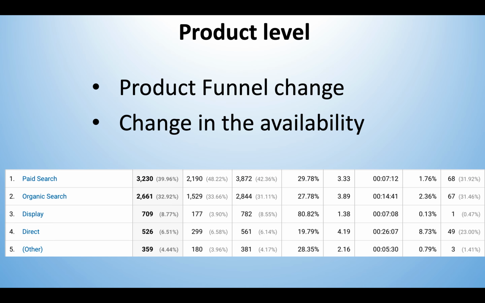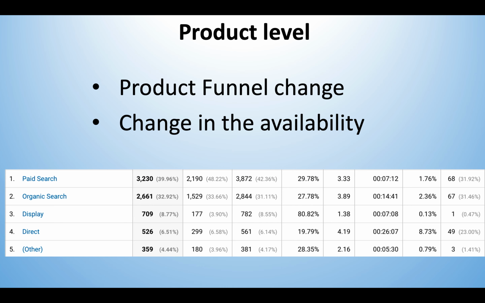I've taken the screenshot from Google. So this is how you can get your overall acquisition report. I'm assuming that most people are using GA, so I'm going to take GA data, which is widely used. Like I mentioned, the CR can change if there is a change in the product funnel. Let's say you introduce a step inside your product funnel, and because of that the CR changes.